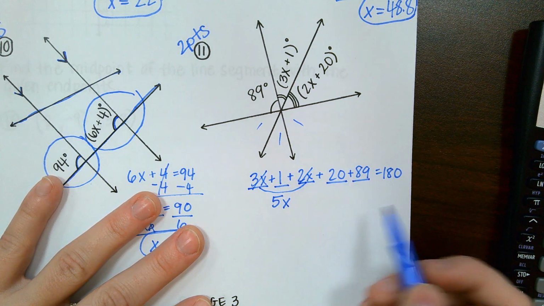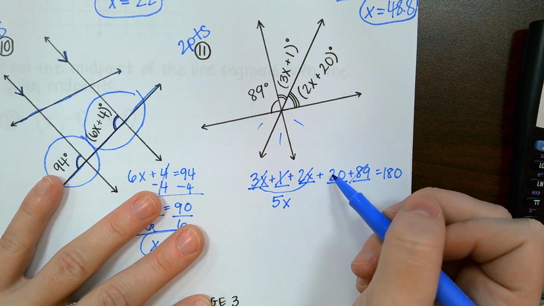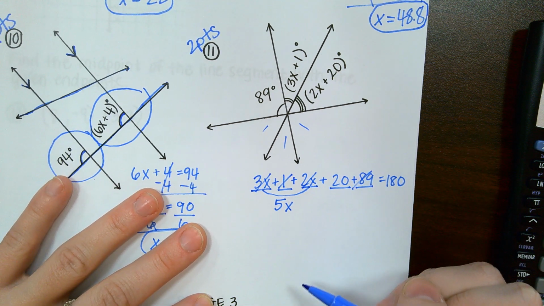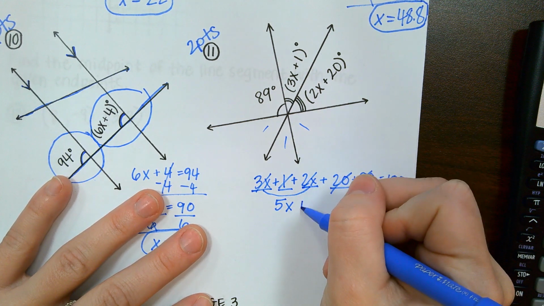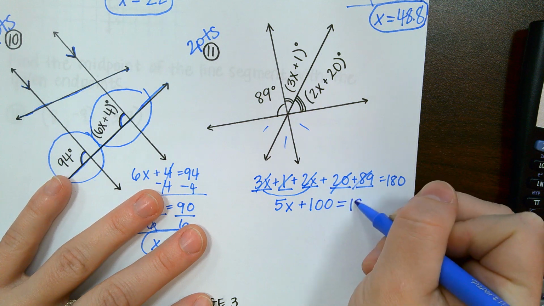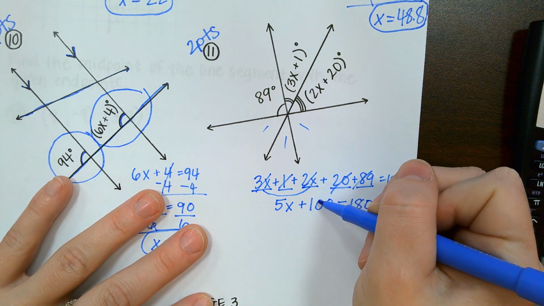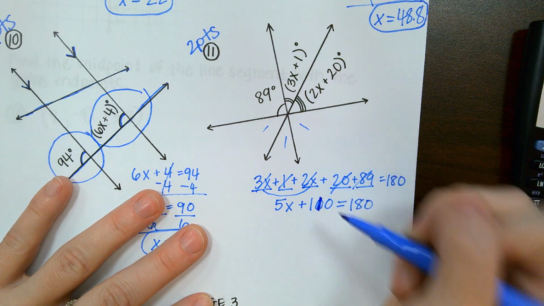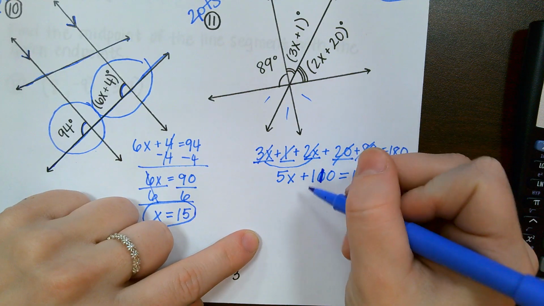So 89 plus 1 is 90. And then I'll just add 20 to that. So 90, 100, 110. And I'll just bring down my equal to 180. I wrote 100. That should be 110. I'm sorry, guys.